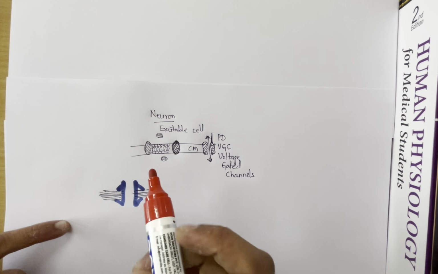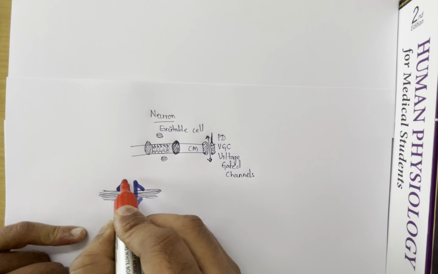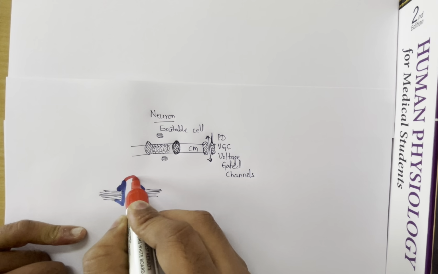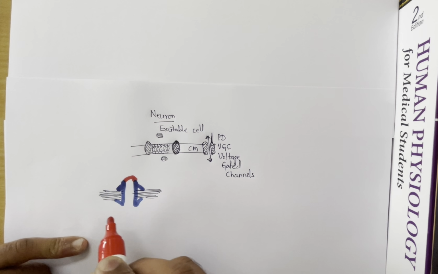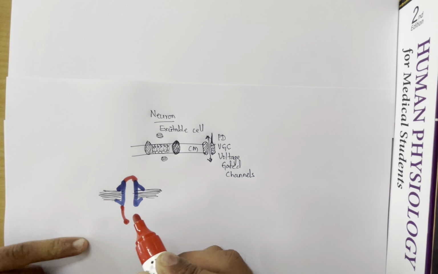There are two gates for this voltage gated sodium ion channel. The one gate which is outside is the activation gate, and this activation gate is closed, and the gate which is inside is the inactivation gate, and this inactivation gate is open.